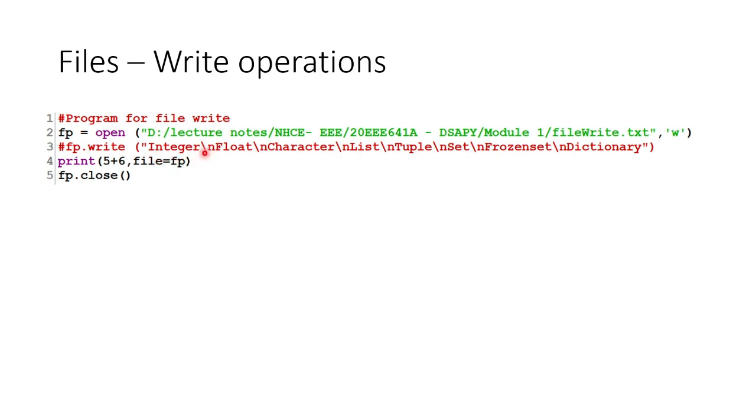So integer, slash n means it goes to the new line, then it will print float, then again goes to the new line, then it writes character, then it goes to a new line and writes the list, and then tuple, set, frozen set, and the dictionary as well. So this is how we write manually. If you want to write the information, you can, and wherever you want a new line, you can specify it with a new line character as well.